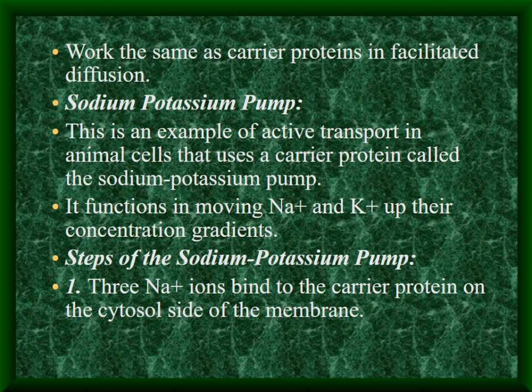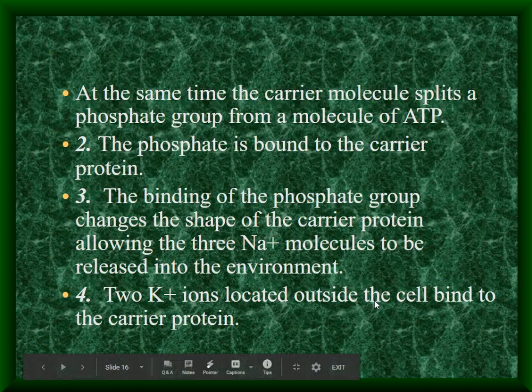The sodium-potassium pump is an example of active transport in animal cells that uses a carrier protein called the sodium-potassium pump. It functions by moving both sodium and potassium ions against their concentration gradients. Step 1: 3 sodium ions bind to the carrier protein.